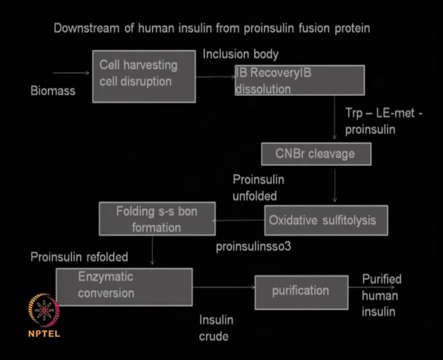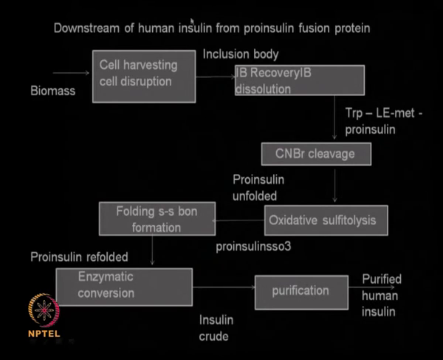So, this is a typical flow sheet of human insulin starting from proinsulin. So, what you do, you have a fermentation, you collect the biomass which is called cell harvesting, and then you break the cells. How do we break the cells? We will talk about it in the future lectures.